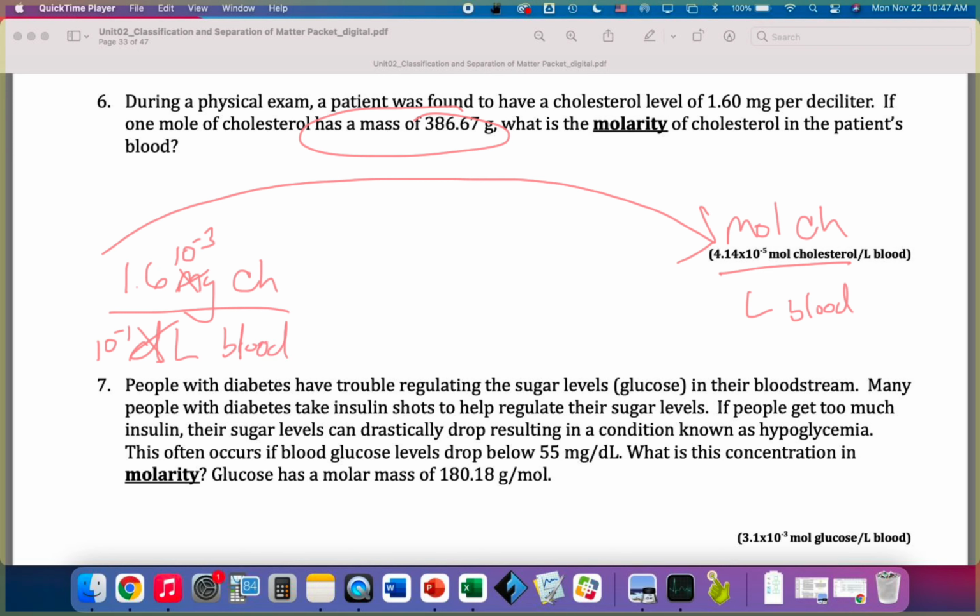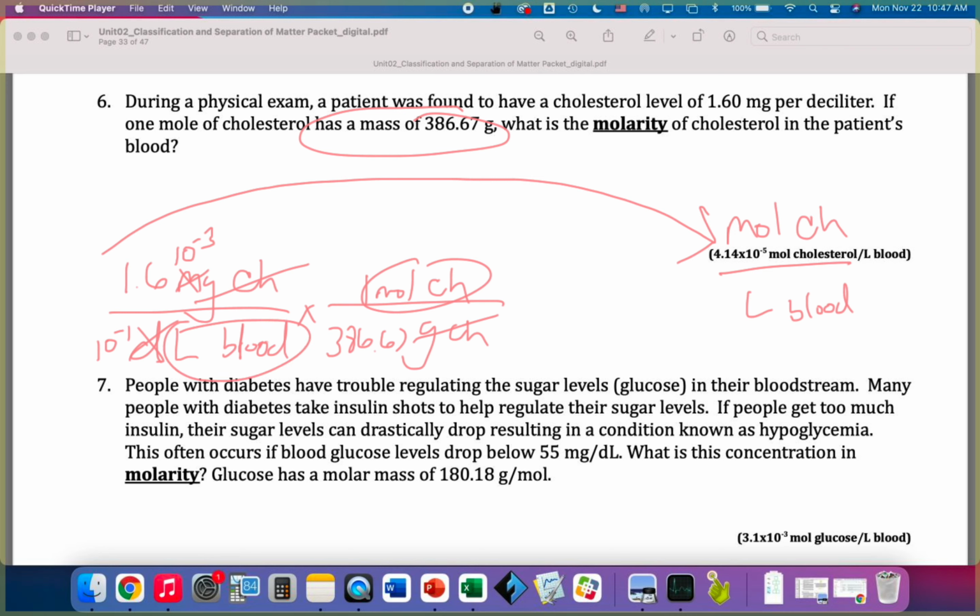Now I'm in grams of cholesterol, so I can cancel that. It says that 386.67 grams is 1 mole of cholesterol. Cancel, cancel. So I'm in moles of cholesterol, which is what I want, and liters of blood, which is what I want.